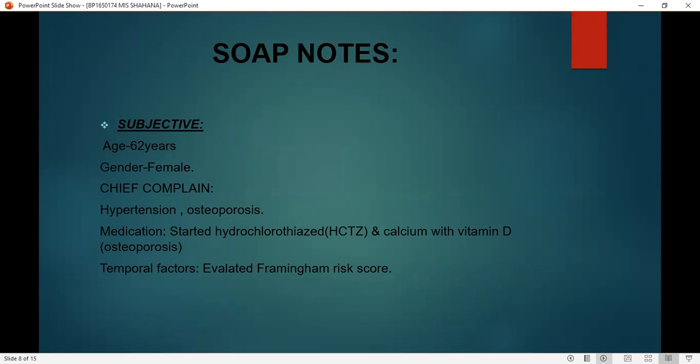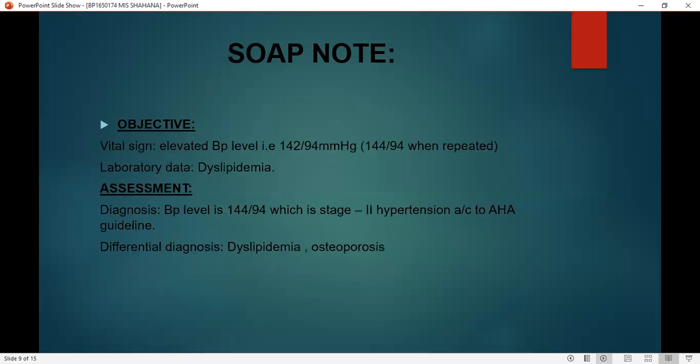Temporal factor: evaluated Framingham risk score. Objective: vital signs: evaluated BP level 142 by 94 mmHg and 144 by 94 when repeated. All her laboratory reports are normal except for dyslipidemia.